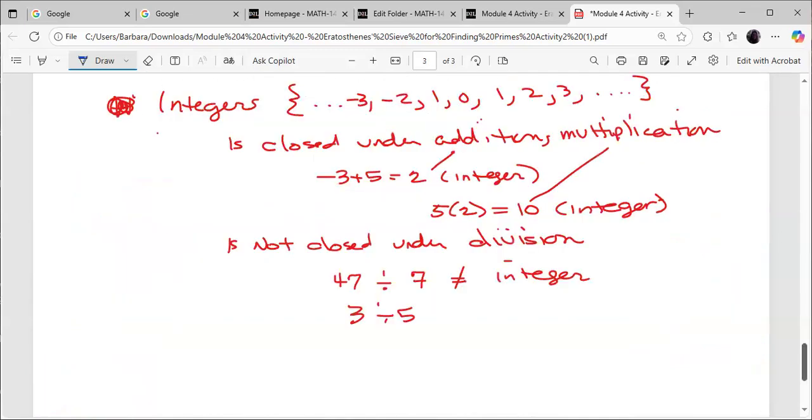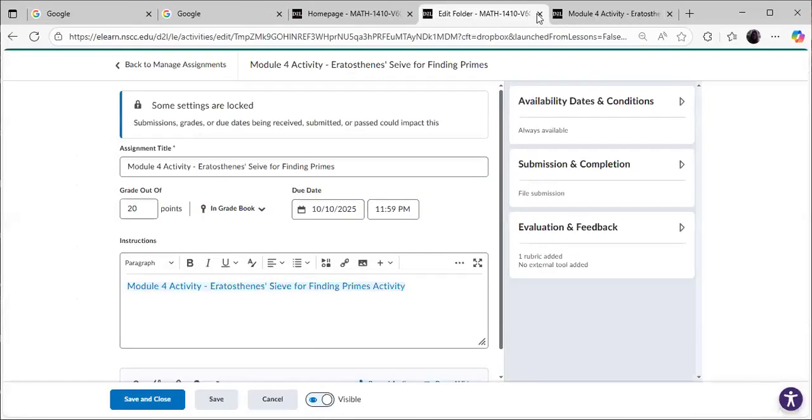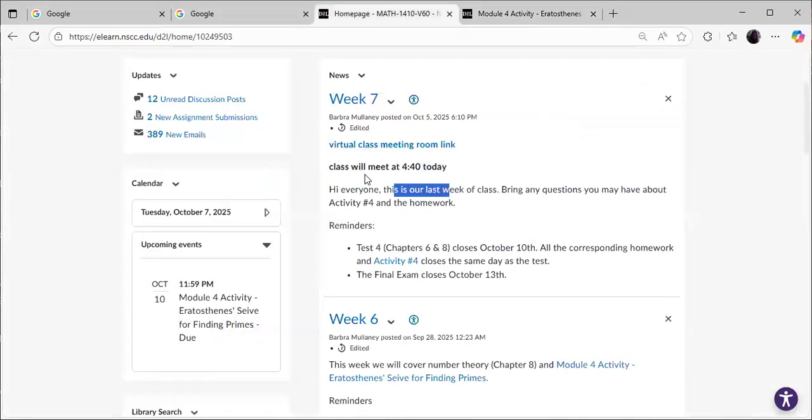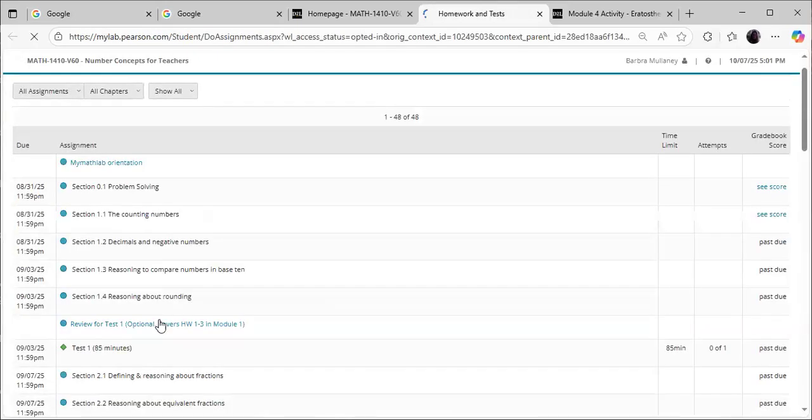So that was the activity, and what we're left with is just finishing up the homework. How are we doing so far? I know most of you are working on the last few assignments in chapter 8.